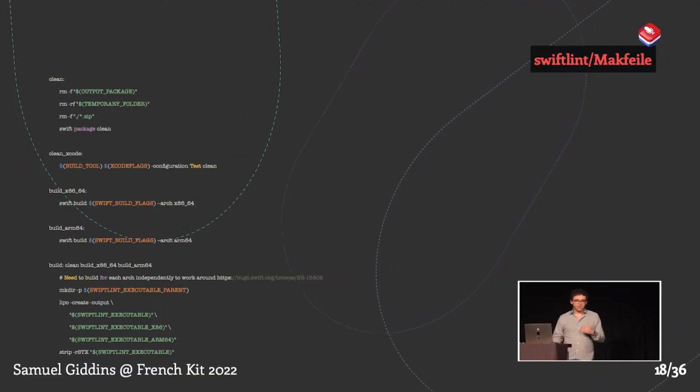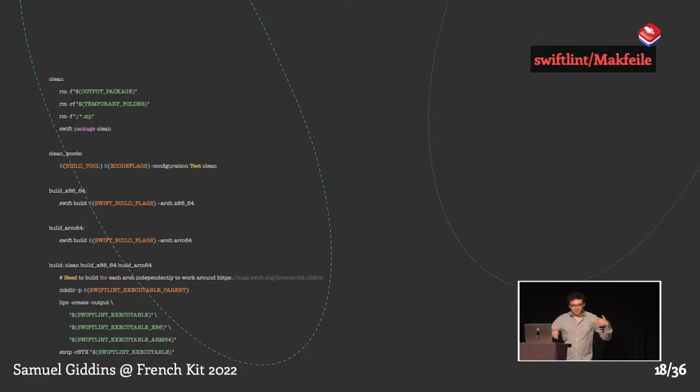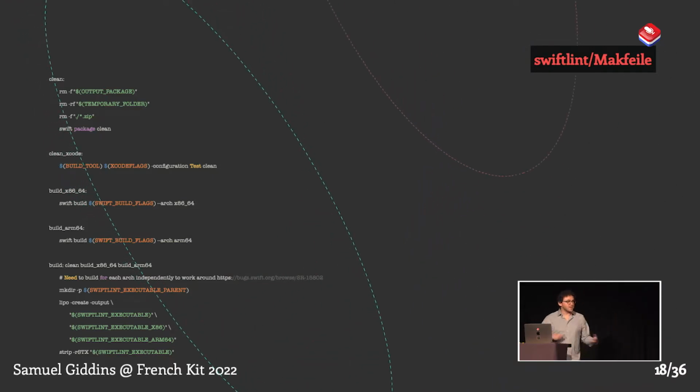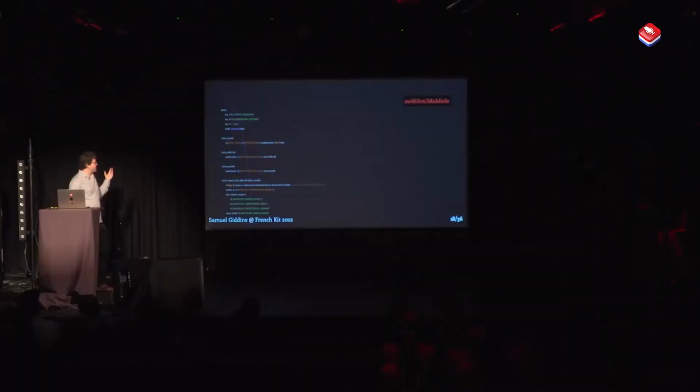this is sort of the rest of Swiftlint's makefile, and I edited it down to try and fit some stuff onto the screen. Hopefully you can read some of it. So you can notice that make has targets. The target names are the things that go before the colon. So targets here are like clean, or clean Xcode, or build.